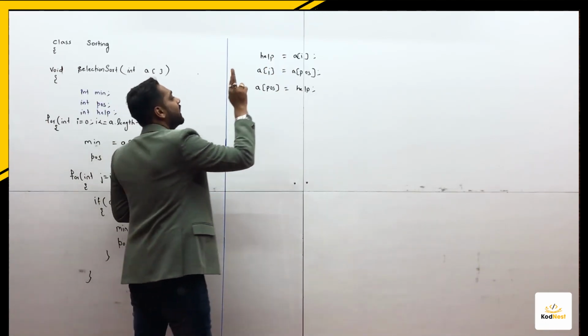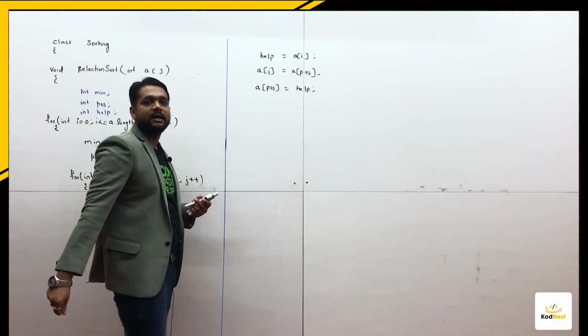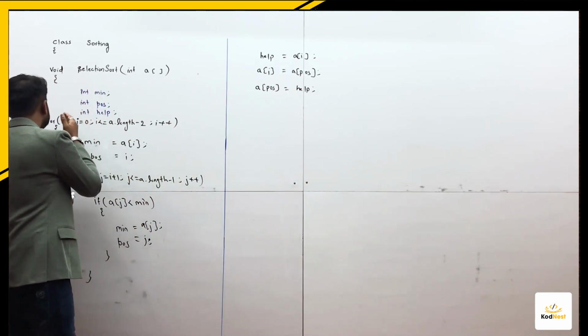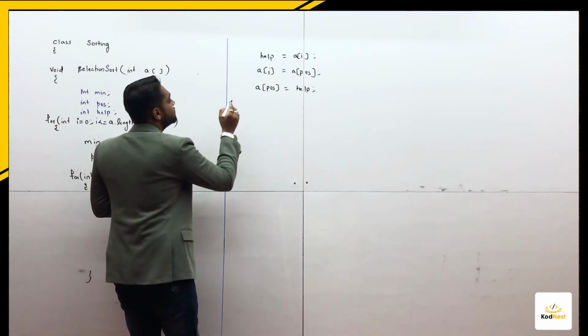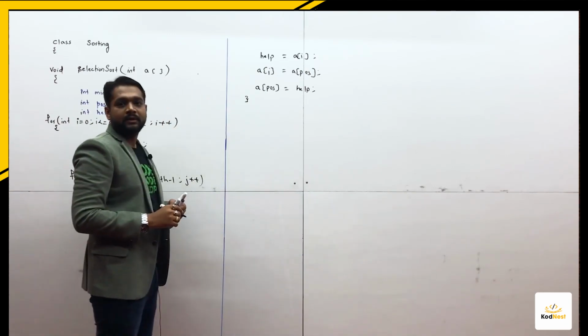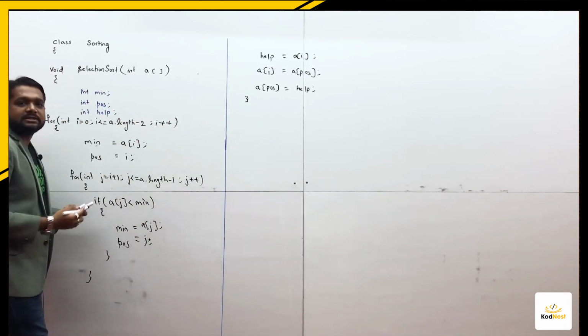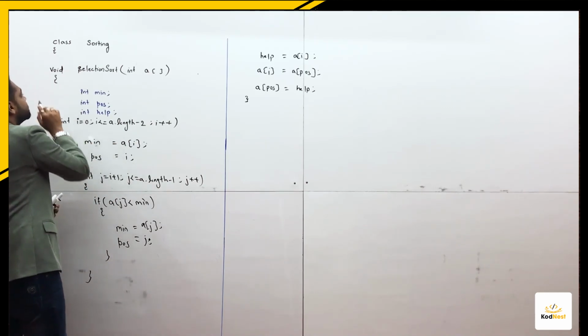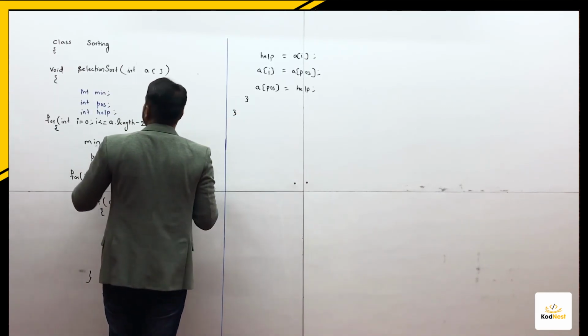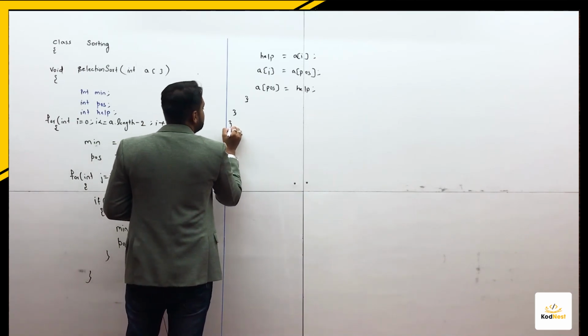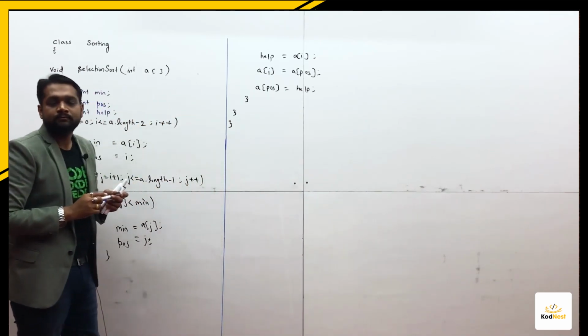I have swapped array of i and array of position using the helping variable. That is the opening of the for, this is the closing of the for. By the time both these loops get executed, the array content should be sorted. That is the opening of the method, this is the closing of the method, that is the opening of the class, this is the closing of the class.